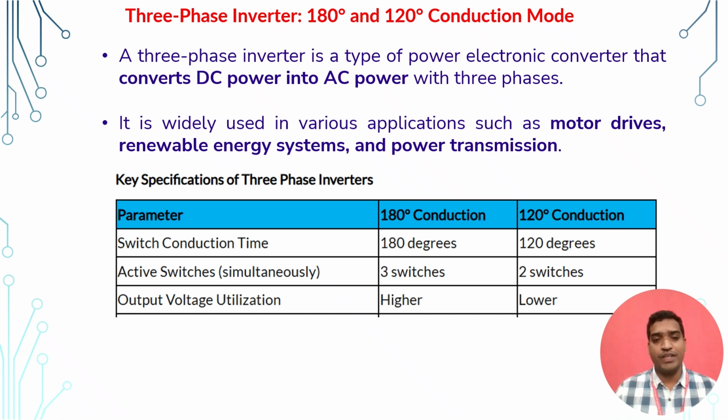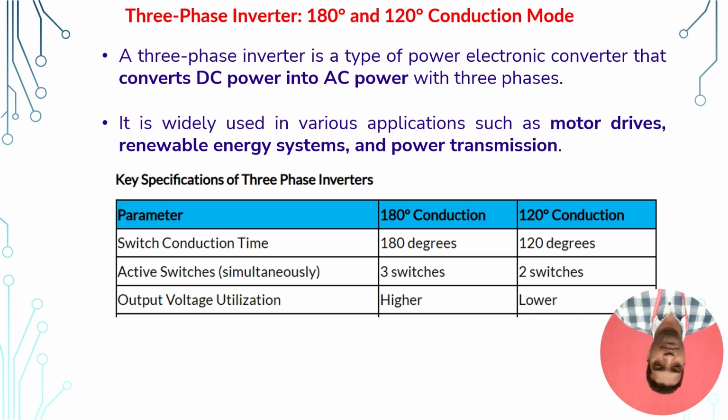That means each switch in 180-degree mode will conduct for 180 degrees, and in 120-degree mode for 120 degrees. The number of switches turned on at a time is 3 in 180-degree conduction mode and 2 in 120-degree conduction mode. Output voltage utilization is high in 180-degree conduction mode and lower in 120-degree conduction mode.